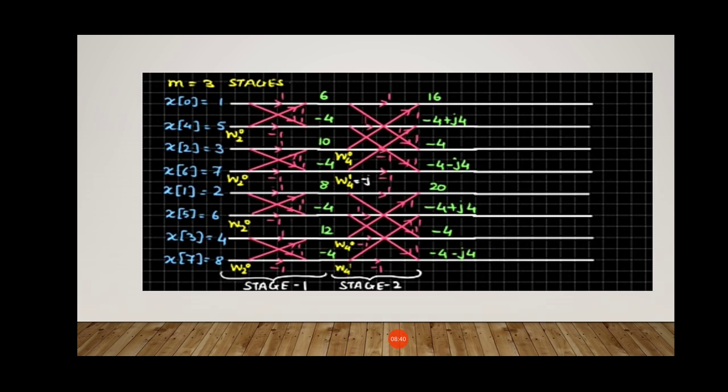Similarly, the second stage is a 2-point DFT for 2-point DFTs. In this way, here the twiddle factors are W4 to the power 0 and W4 to the power 1. W4 to the power 0 is again 1, and W4 to the power 1 is minus j, as we have calculated previously.